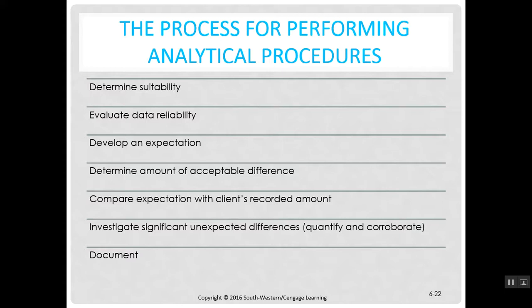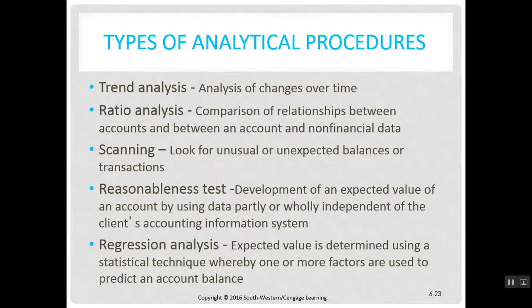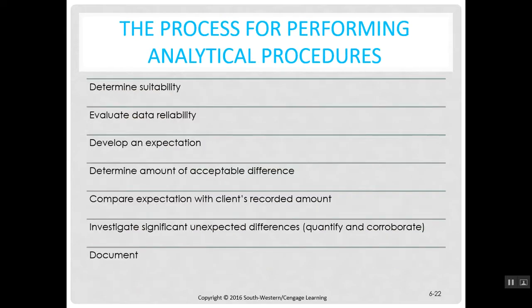Then you need to compare the expectation with the client's recorded amount, investigate any significant unexpected differences, and then document your findings. So the precision of the expectation, which requires the auditor to use disaggregated data, is part of determining the effectiveness of substantive analytical procedures.